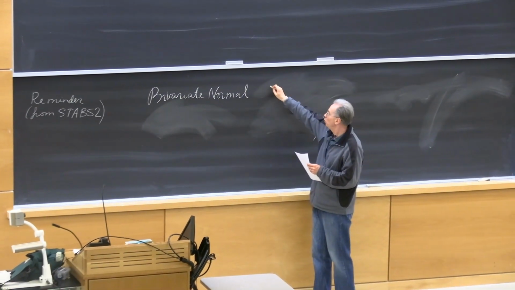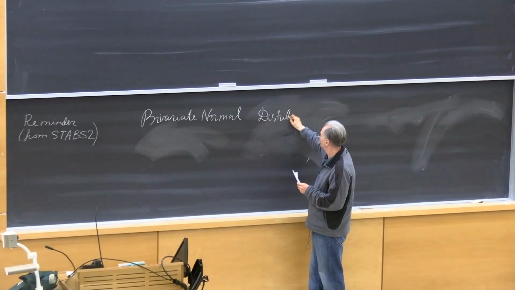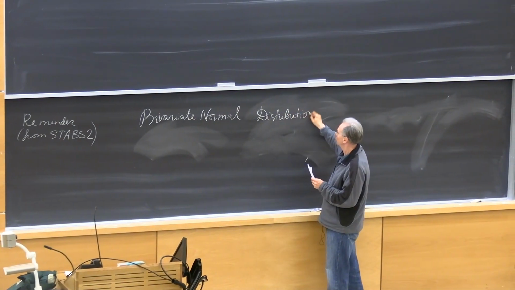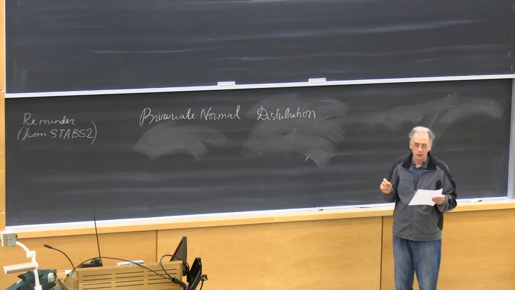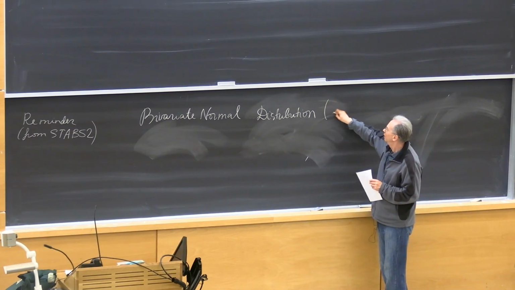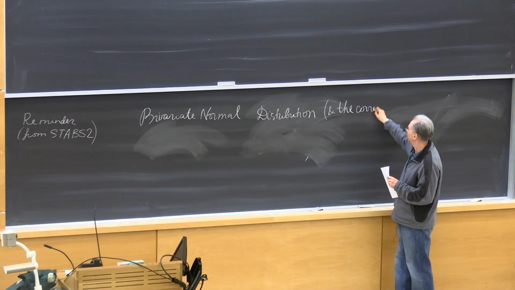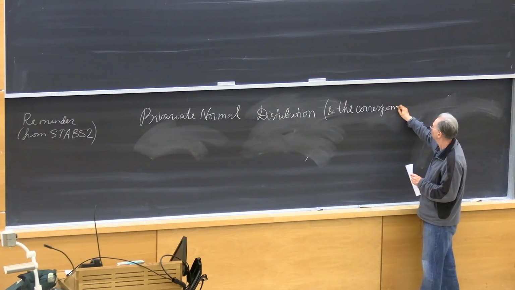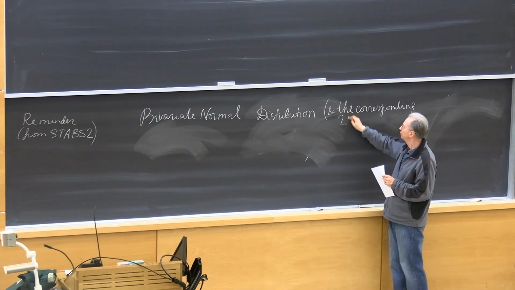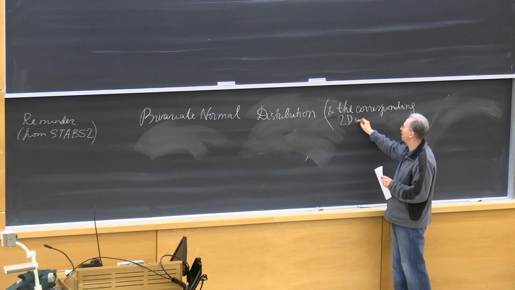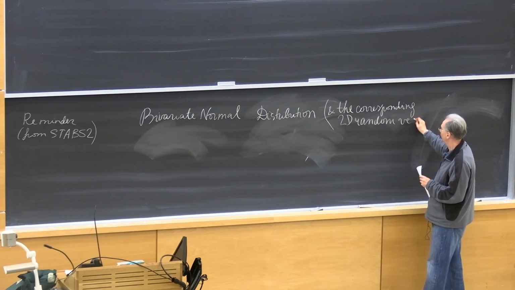So bivariate normal distribution and the corresponding (2D) random vector.